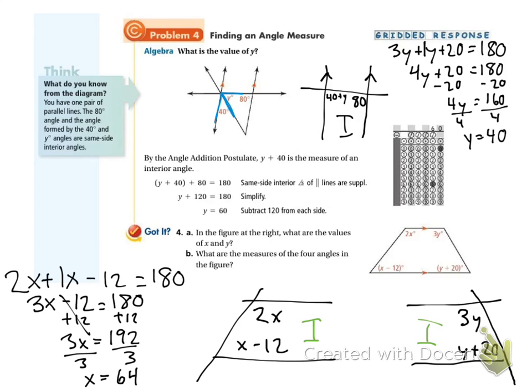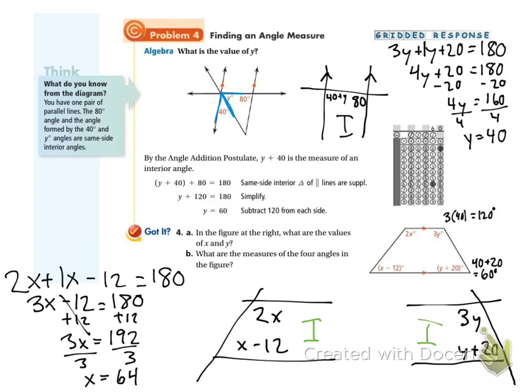And then I can plug back in to solve for each of my angles. 3 times 40 gives me 120 degrees. 40 plus 20 gives me 60 degrees. And that's good because they add up to 180. Want to double check that.